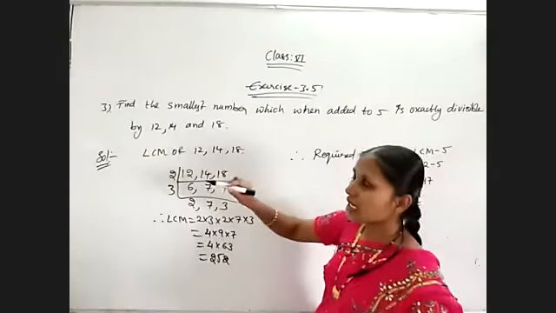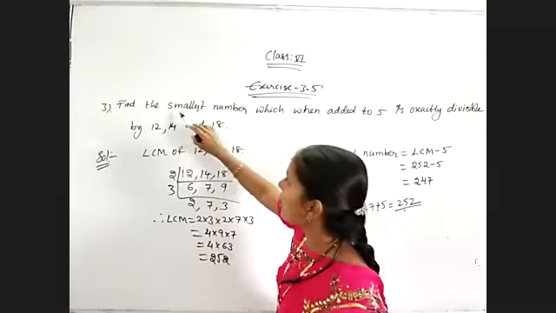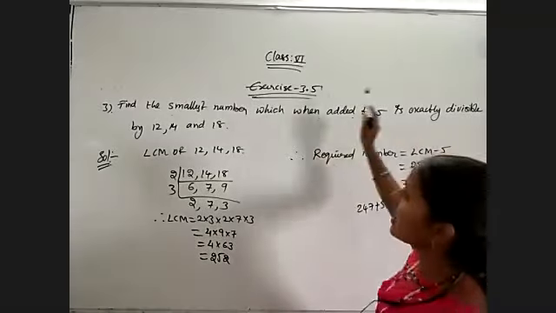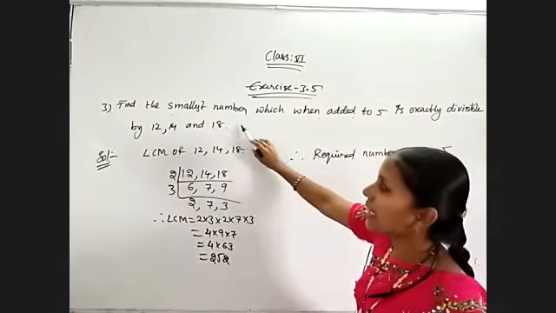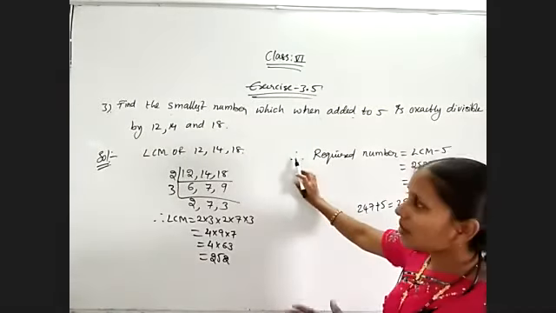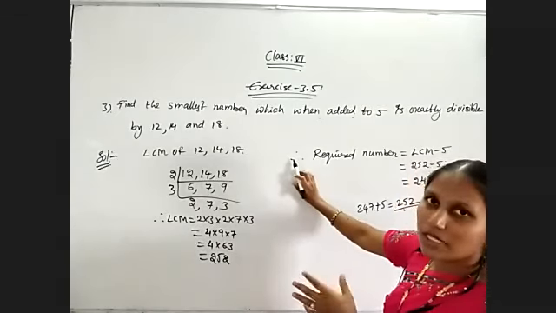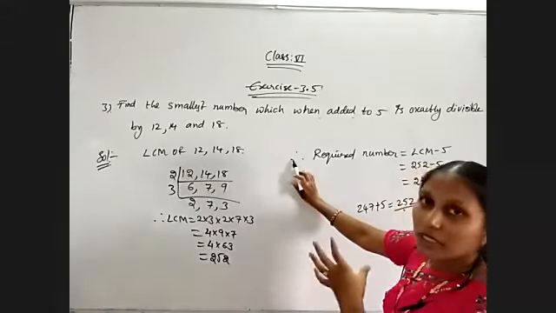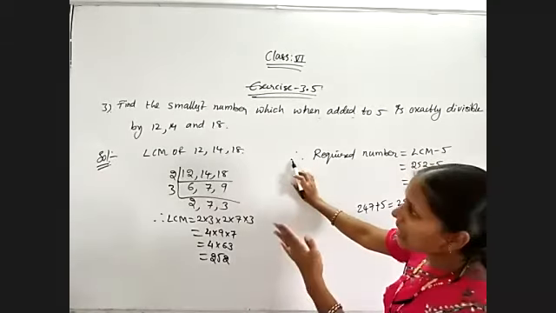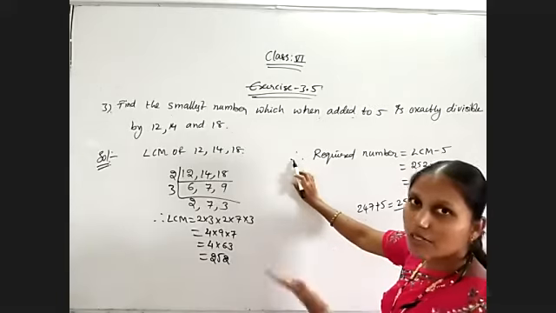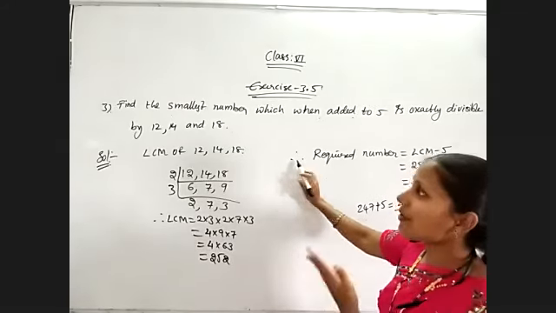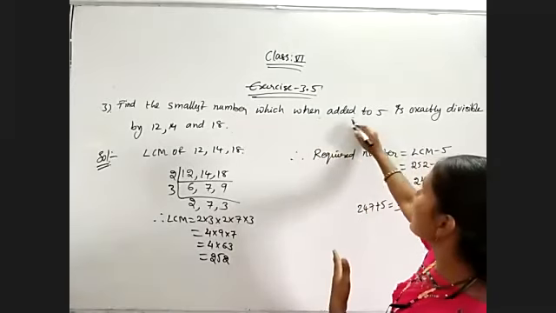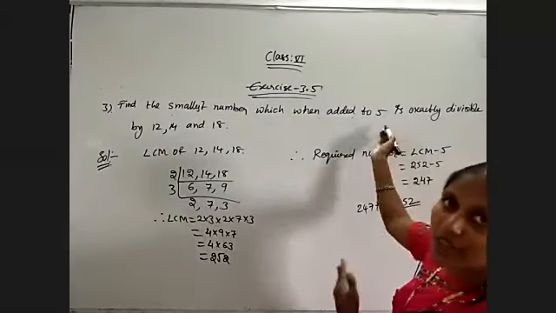What is the question? Listen carefully. Find the smallest number which when added to 5 is exactly divisible by 12, 14 and 18. So which number is exactly divisible by the given numbers? The LCM is divisible by each of the given numbers. So first of all, find out their LCM. But they have given one condition: when it is added to 5, it is exactly divisible.